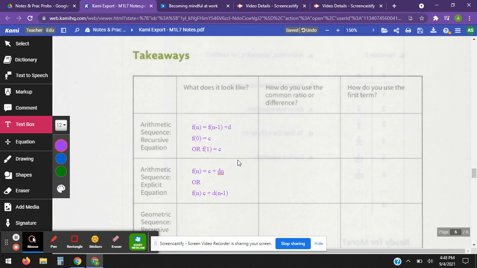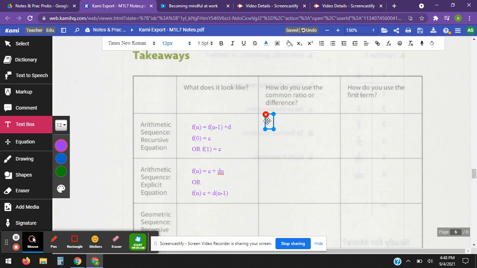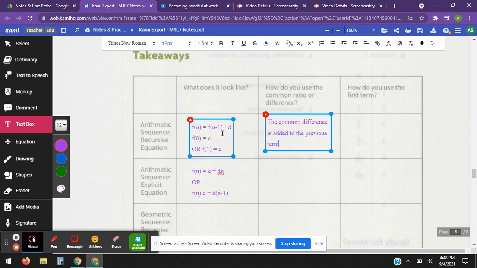Okay, so I'm going to scoot back up and stick with arithmetic sequence first. So how do we use that common difference in here? Common difference is added to the previous term. Okay, so that's what's right here.